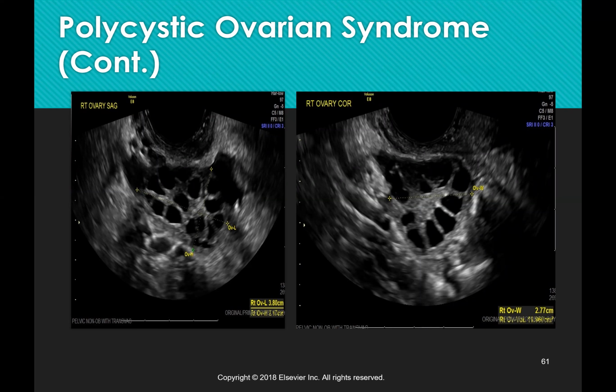In a normal ovary, they have more of an almond shape, but in polycystic ovarian syndrome, they're going to be more round. They're going to be larger in volume, and they're going to have a lot of cysts. And then the patient is going to have those clinical symptoms at the same time. That really hints you off that this could be PCOS.